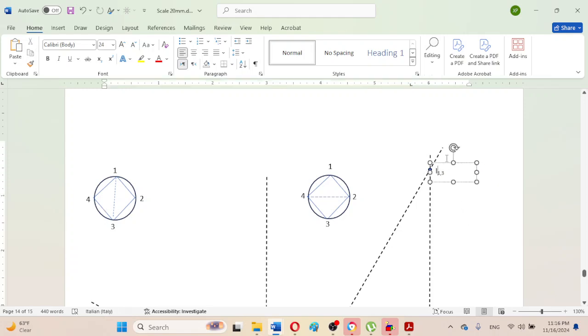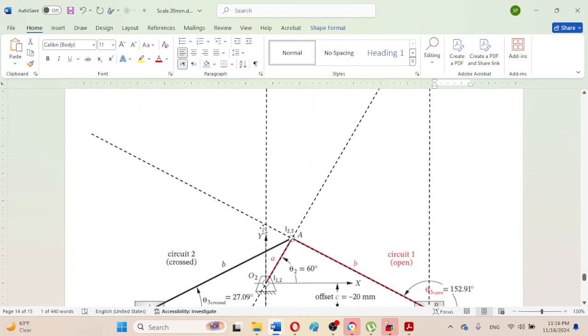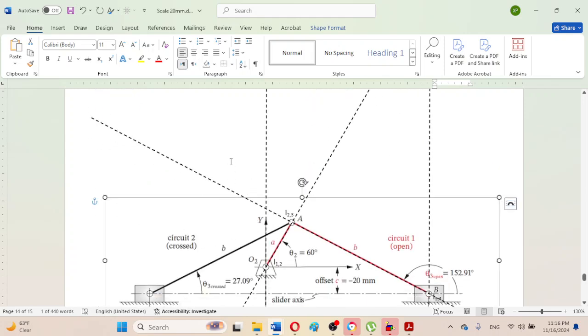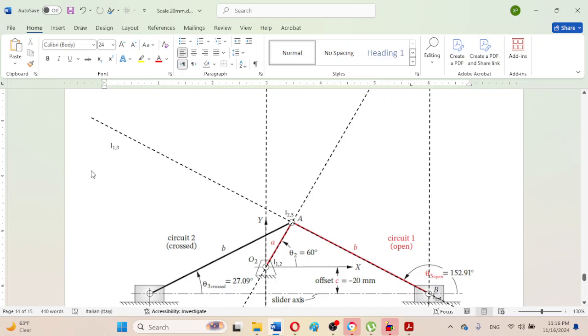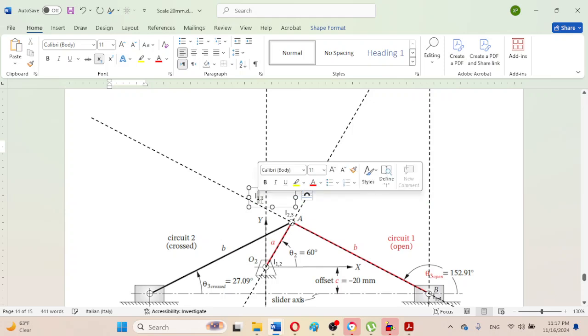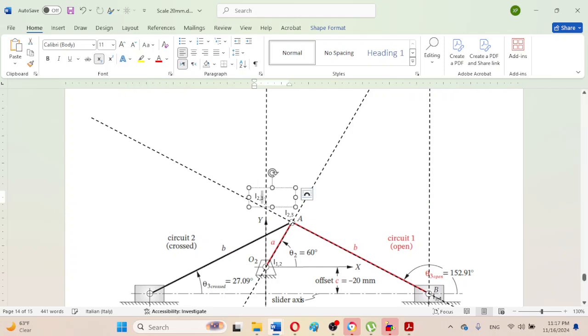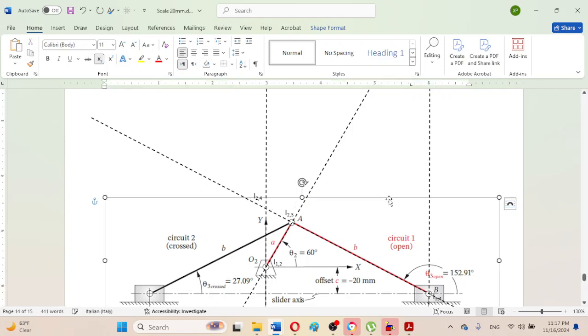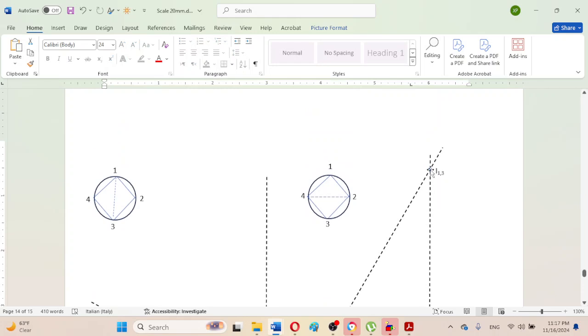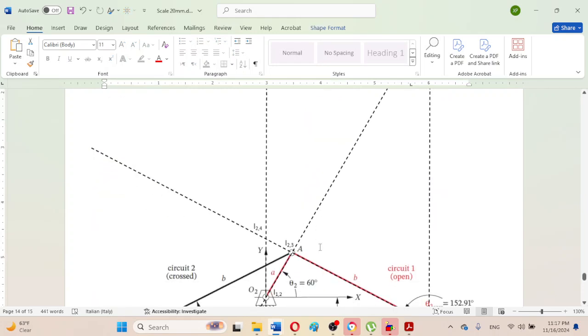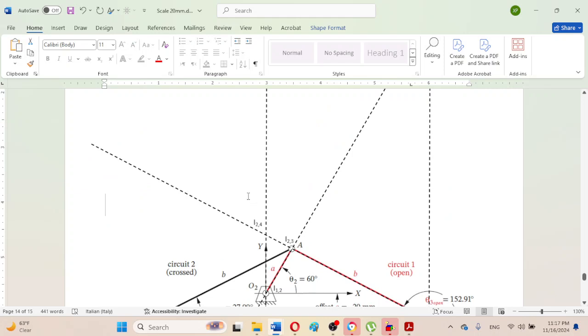Sorry, I can just copy the label first and paste it at some suitable location, then move it here and change it to 2 comma 4, and again copy this mark as well.